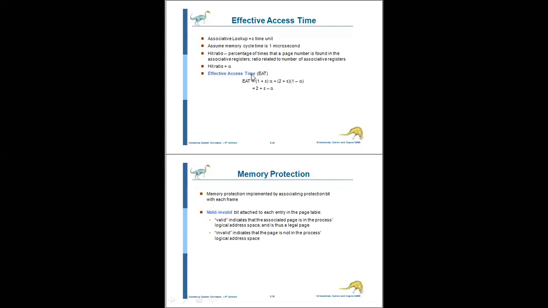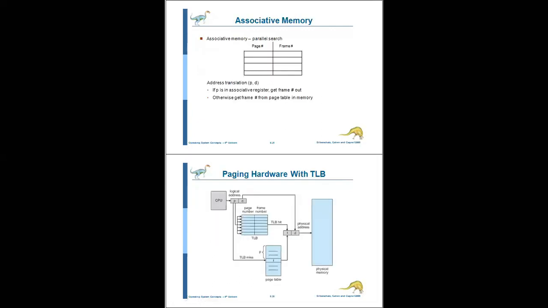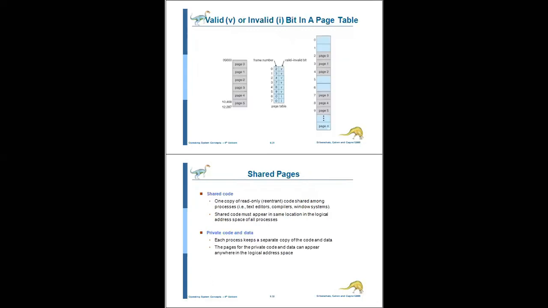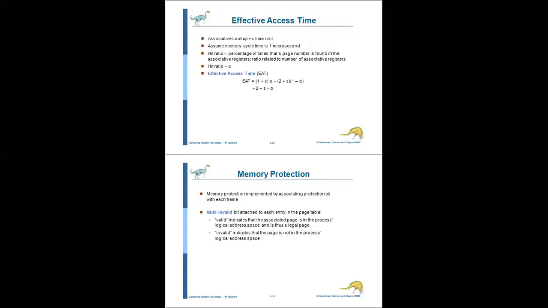And what does sigma indicate? Sigma is the associative lookup time. Assume the memory cycle is 1 microsecond. So this formula we can use to calculate the effective access time using the TLB, translation look aside buffer.